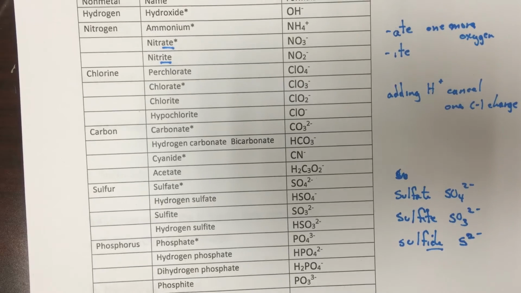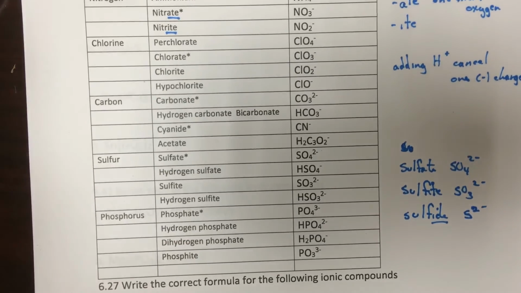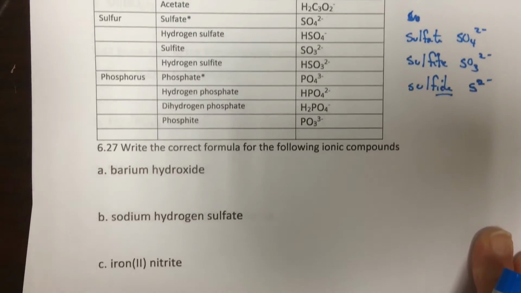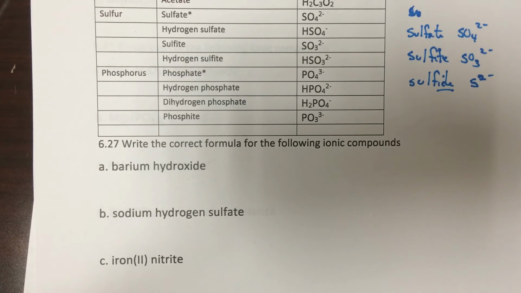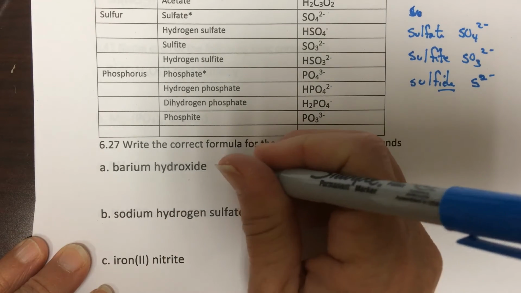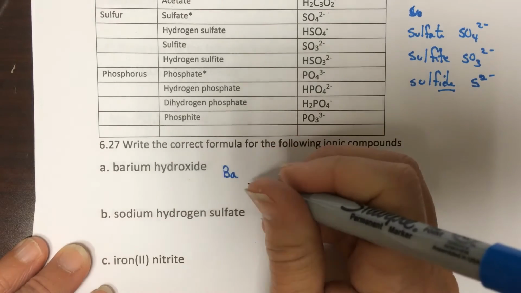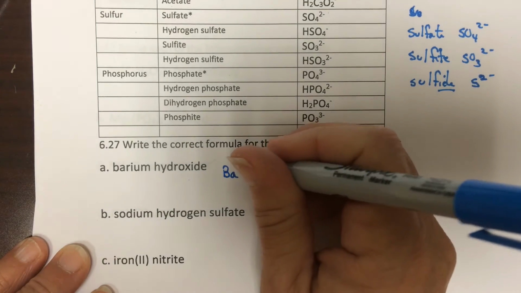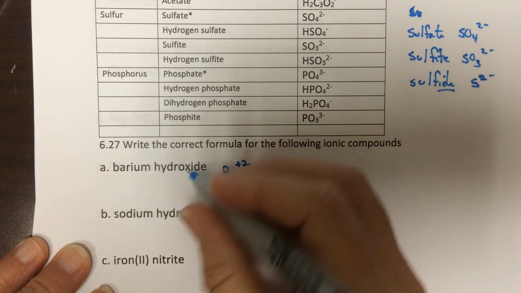Okay, so naming with polyatomic ions is pretty simple once you have the polyatomic ions memorized. So if we wanted to write barium hydroxide, we'd look up barium on the periodic table. It's in the second column, so it's got a +2 charge.